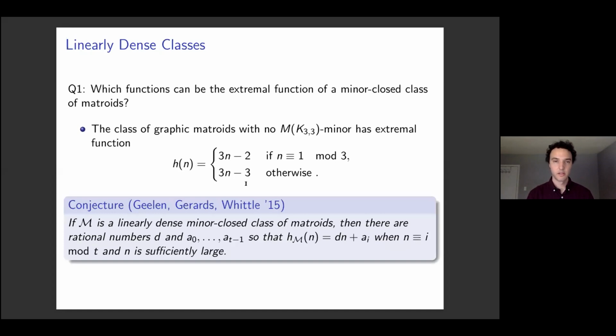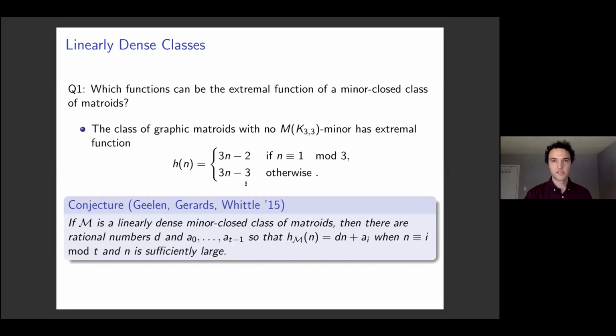So that's one example of extremal matroids for this class. And that makes it a bit tricky to prove things about the extremal functions for linearly dense classes, as we'll see a bit later. Okay, so that's the situation for linearly dense classes.